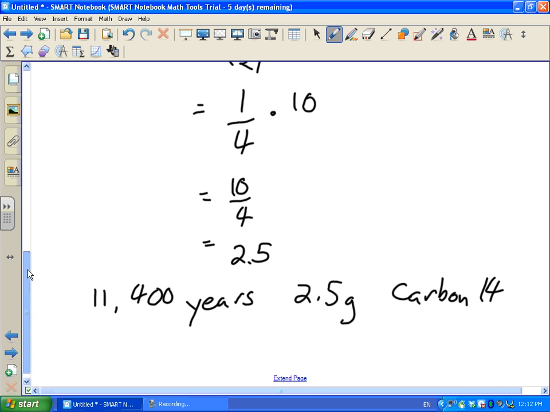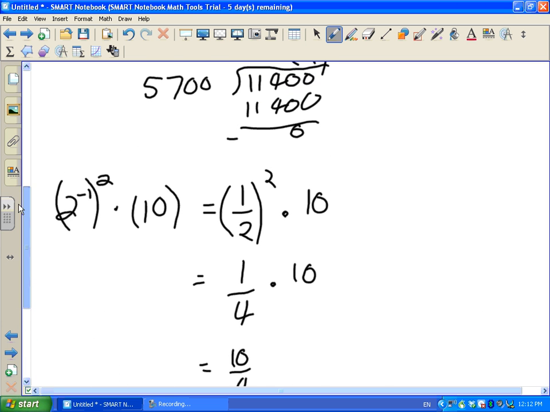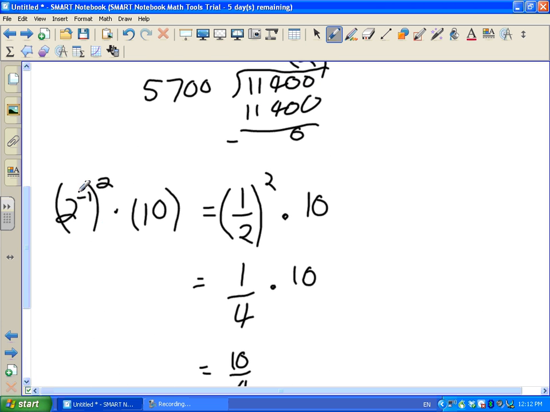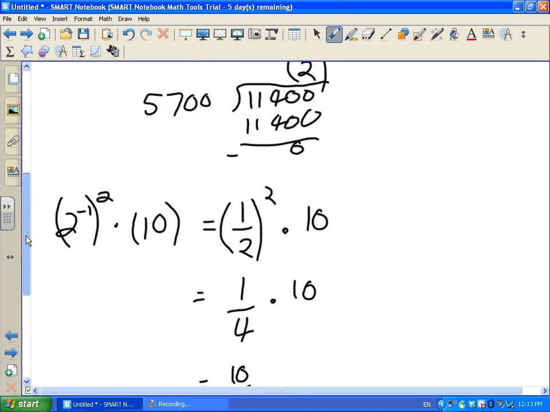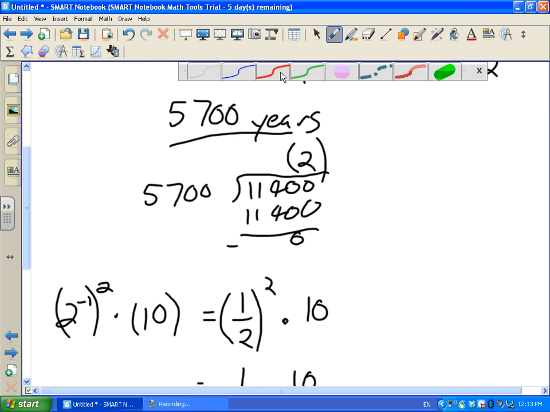Okay? Now, we changed this number into a half. Do you guys have any trouble with how I went from 2 to the power of negative 1 to a half? We'll do it on the side here. That is a multiplication sign. 2 to the negative 1.